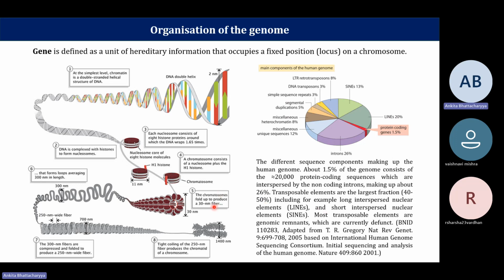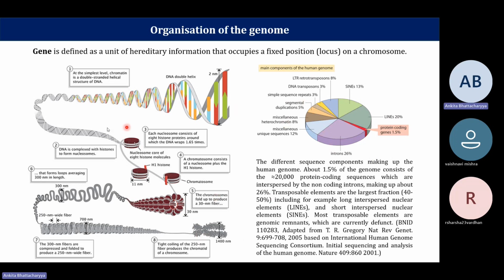The chromatosome folds up to produce a 30 nanometer fiber, and the 30 nanometer fiber is able to form loops that average around 300 nanometers in length. Finally, they are compressed to form the arm or the chromatid of a chromosome, which is what we visualize within the cell.